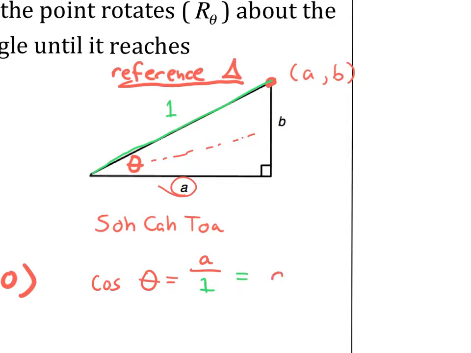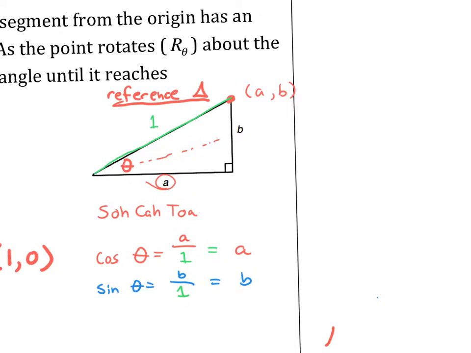Therefore, the cosine is just A. Let's continue. The sine of theta is opposite, B, over hypotenuse, which is also 1. So therefore, the sine of theta is simply B.